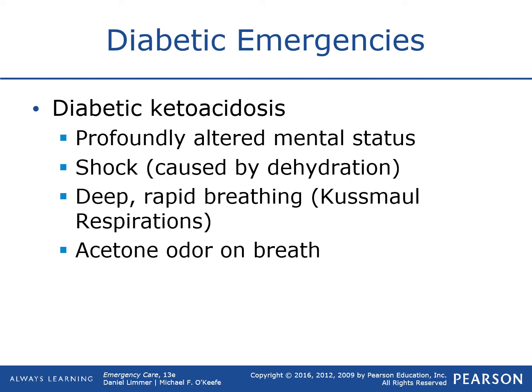You're going to go into a state of shock because you are dehydrated. If you're dehydrated, you don't have enough blood volume, so you can go into hypovolemic shock. You have deep, rapid breathing. We call that Kussmaul respirations, and this is incredibly deep and very fast breathing, and that's because the body is trying to get rid of all the ketones in it.